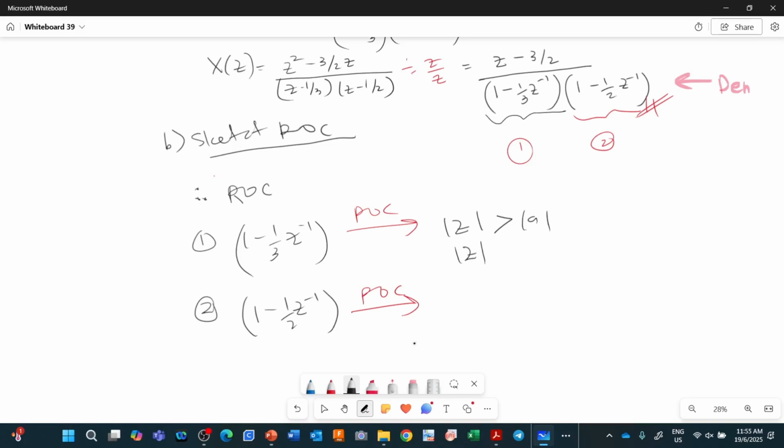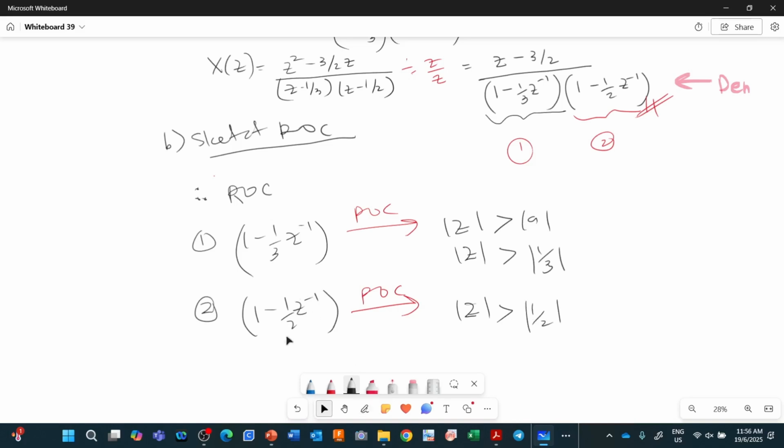In the first equation, more than 1 over 3. That is the first one. It's important for you to know which equation to use, because if you choose the wrong equation, the left side equation, then your ROC would be wrong. Second, what is the ROC directly? It's more than a, right? So you get more than 1 over 2.